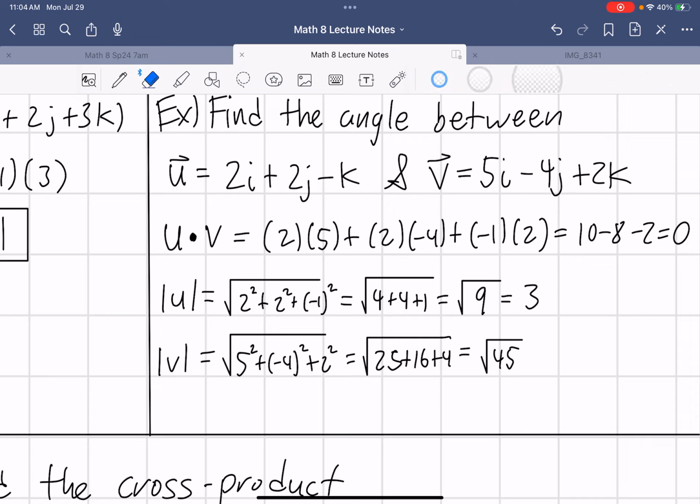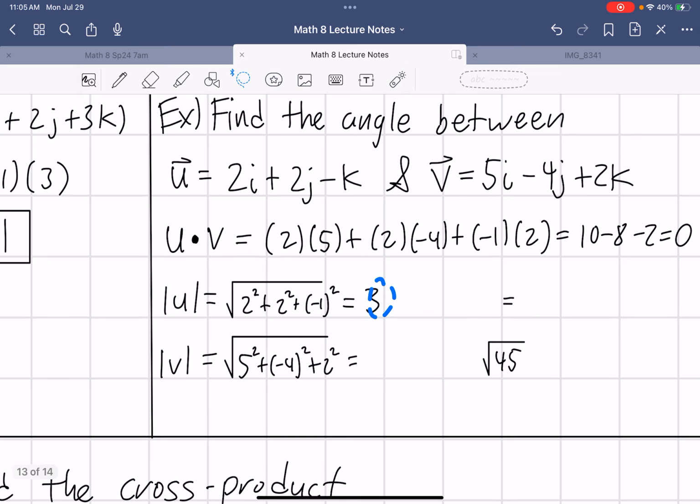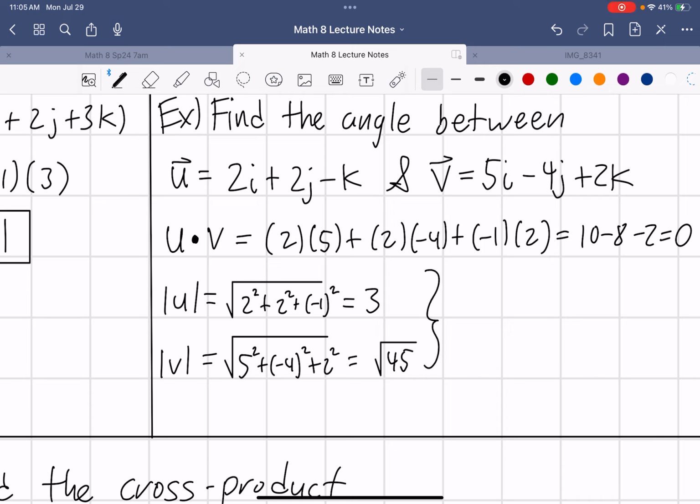Now putting these values, just to save some space, I'm going to erase these. I hope you saw that. Just to give me a little bit more room, to take everything, right, and theta is equal to cosine inverse of 0 over 3 times the square root of 45.